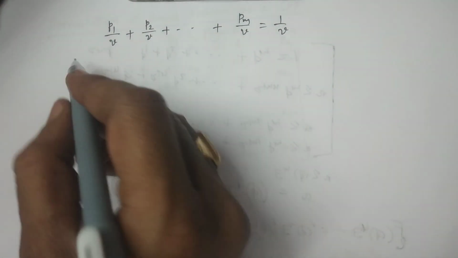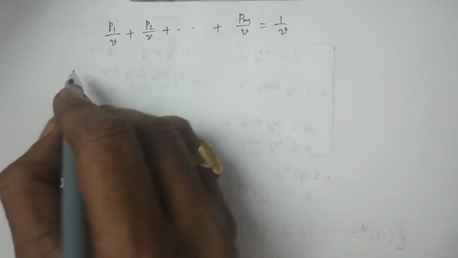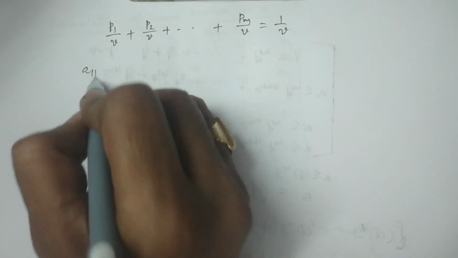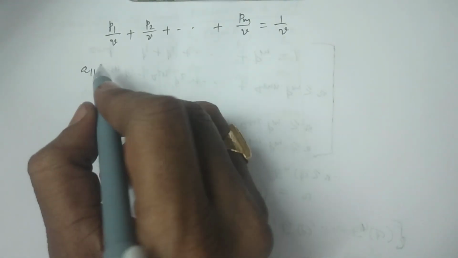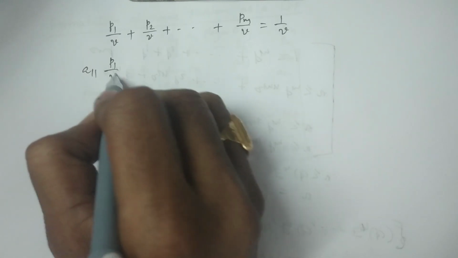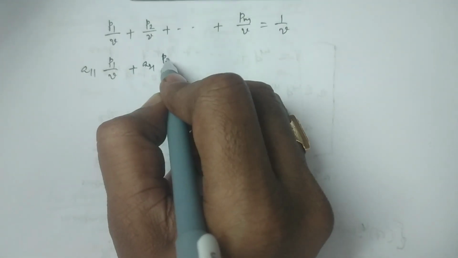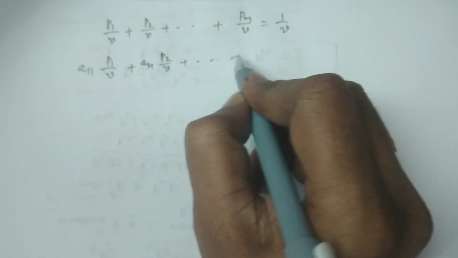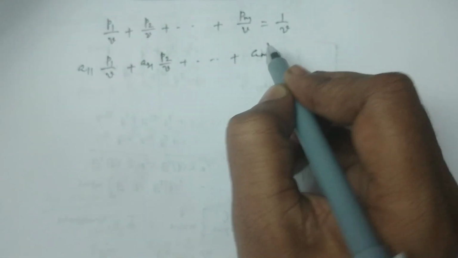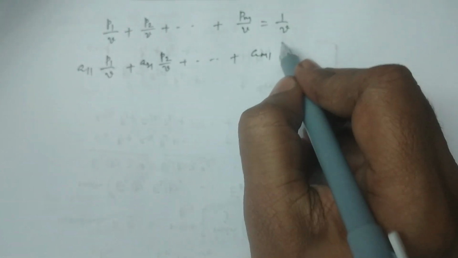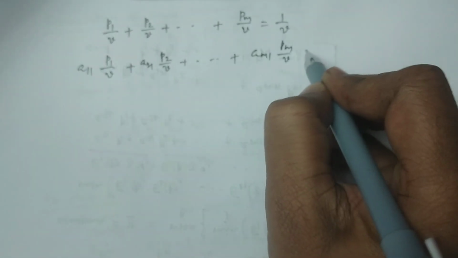And for the remaining inequations, that is the greater than or equal to inequations, A11 into P1 by mu, I am dividing here, plus A21 into P2 by mu plus and so on plus AM1 into Pm by mu, this is greater than or equal to mu by mu, it is 1.